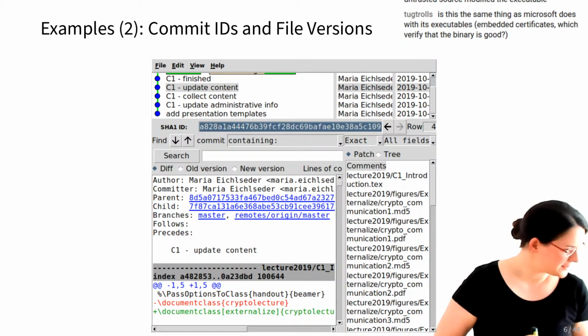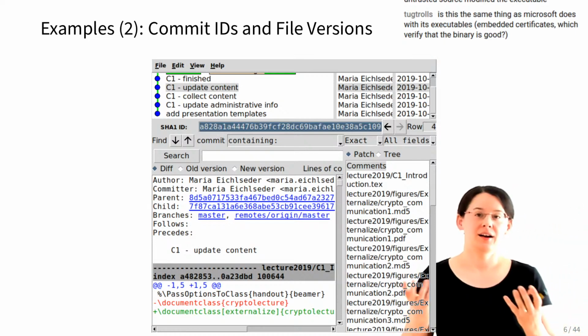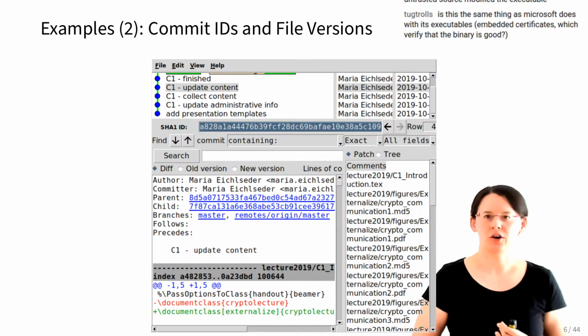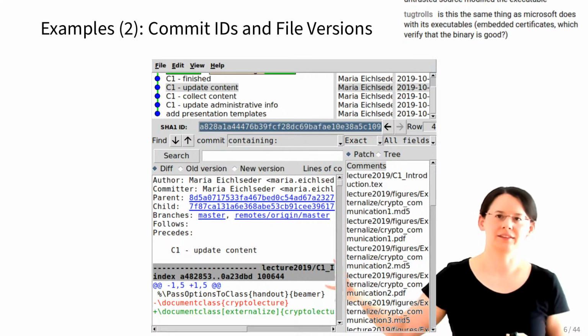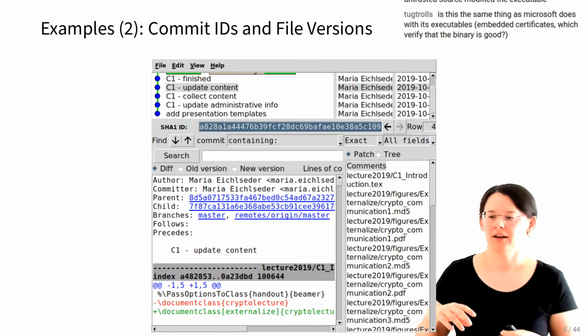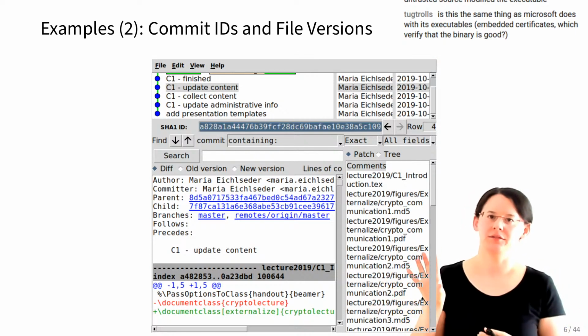Another question: is this the same thing as Microsoft does with its executables, embedded certificates which verify that the binary is good? Well, Microsoft and other app stores do something more complicated than just serving the hash and the file. What they usually do is, indeed, they add a signature to it. So they don't just hash it, but they sign it with their private key.